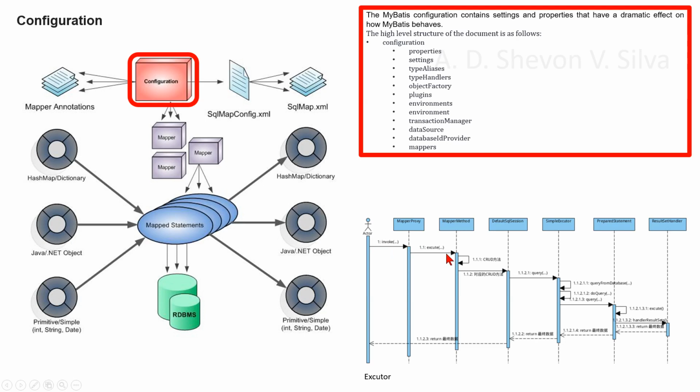The mapper method, like a distributor, chooses different SQL session methods to execute according to the parameters and return value types. In this way the mapper object and SQL session are truly associated.